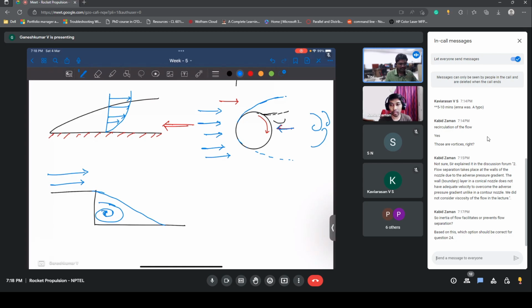So based on this, which option should be correct for question 24? Boundary layer of nozzle divergent being at lower velocity and inertial forces.